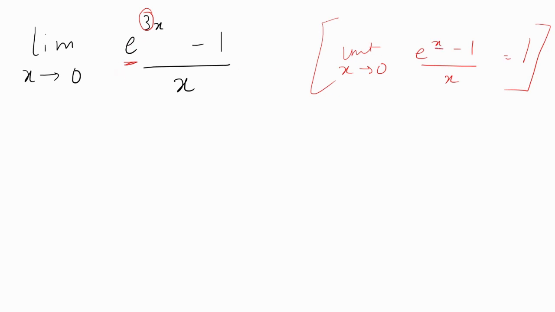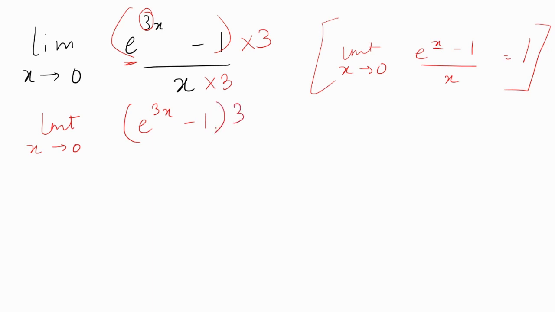Understand, the power of e, whatever power is there, the same power has to be in the denominator. So what will I do? I will multiply the numerator and denominator both by 3. You can do this. So now we have limit x tends to 0, e to the power 3x minus 1 multiplied by 3 divided by 3x.